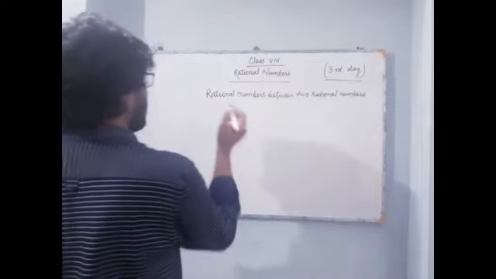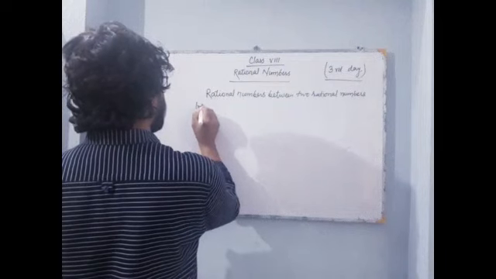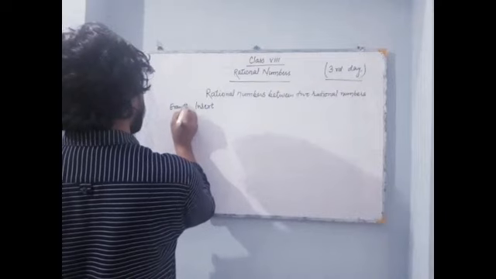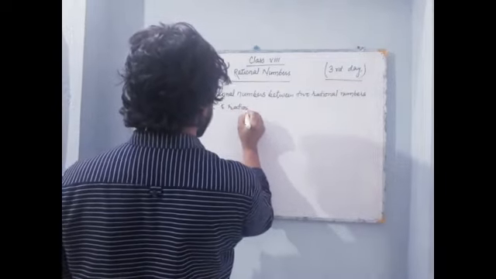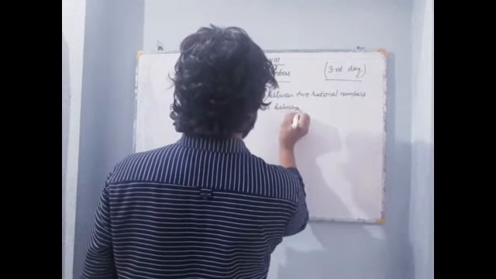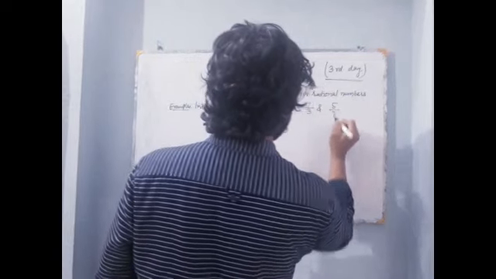So we take an example: insert five rational numbers between 1 by 3 and 5 by 7.